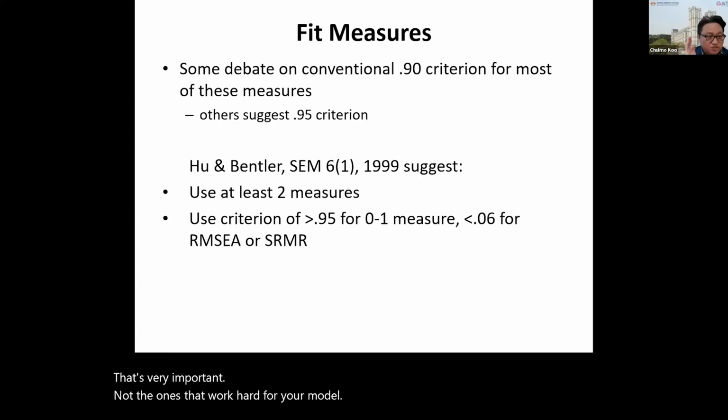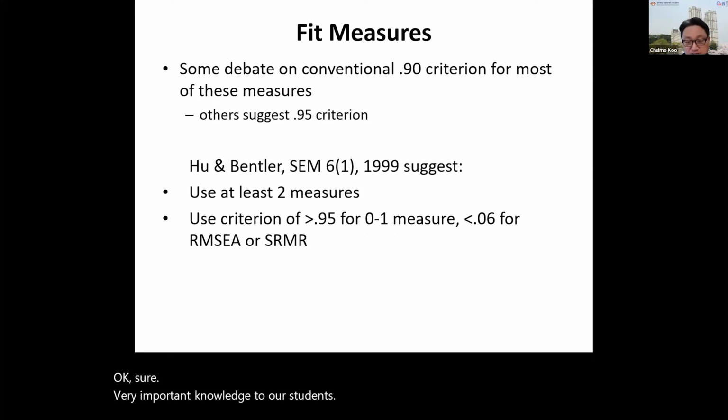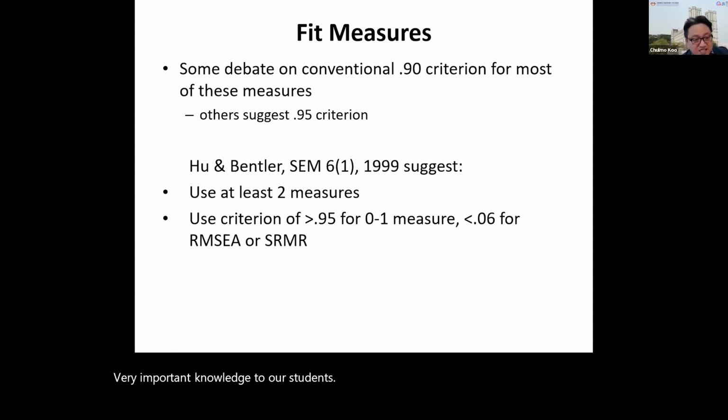Okay, sure, go ahead. You introduced very important knowledge to our students. The students are probably somewhat familiar with structural equation modeling. They may understand what these indices stand for. But here are several indexes we can apply.